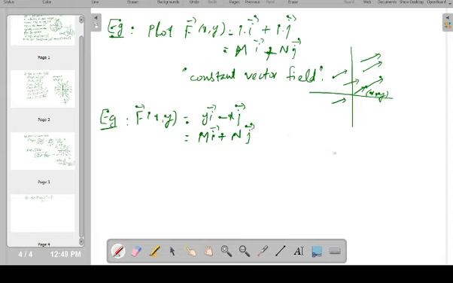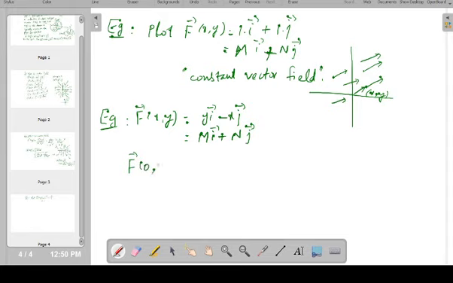So how do I do this? Take some sample points, and what is the domain? Domain is all points x comma y in the plane such that the expressions for m and n make sense. But at every point in the plane, m and n make sense. So the domain is the whole plane, and we shall plot some sample points.